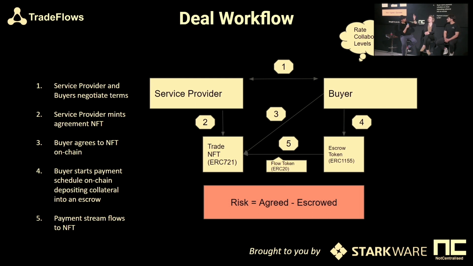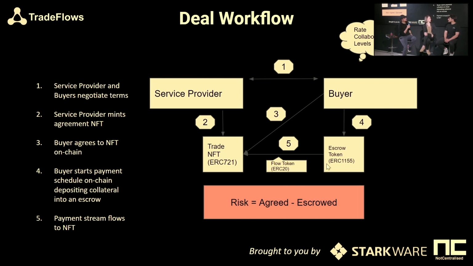The NFT is owned by the service provider. Now the buyer then agrees to the trade on chain by calling and agreeing extensions to the ERC 721 contract. And once they do that, they start a payment flow into the NFT, into the trade, through an escrow token, an ERC 1155, and then an ERC 1120.